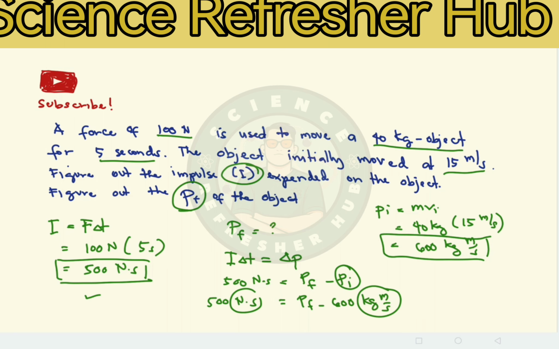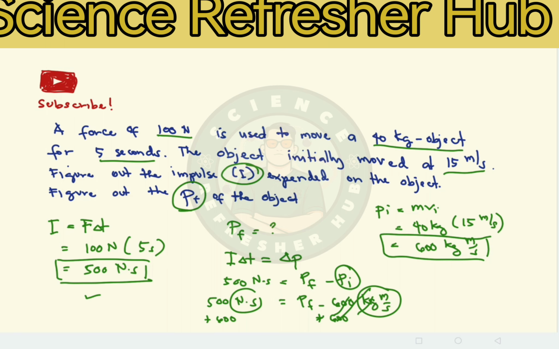These two units are definitely the same, so we can combine them. Let's add 600 to both sides, or transpose, it's okay.